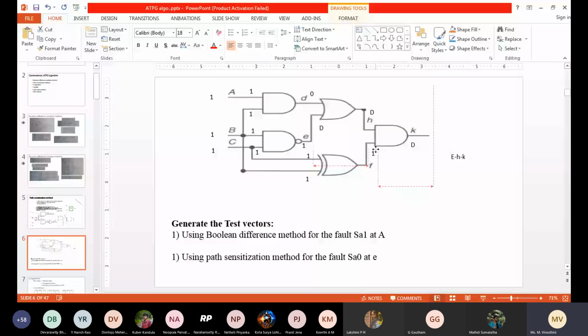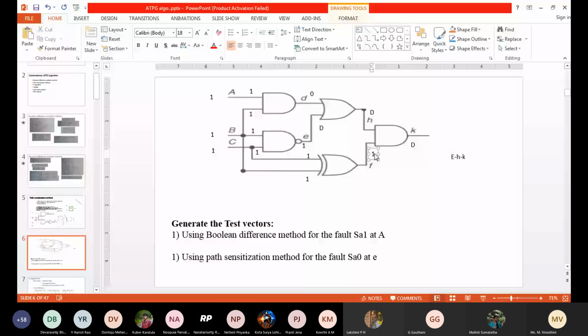This is an AND gate, so the other input should be 1. Propagation is done now. Now we need to think of line justification. First line justification, backtracking. Can I get F as 1? If I need to get F as 1, what should be these two values?